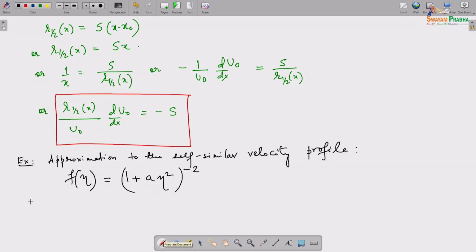So show that a is equal to root 2 minus 1 by s square, right?